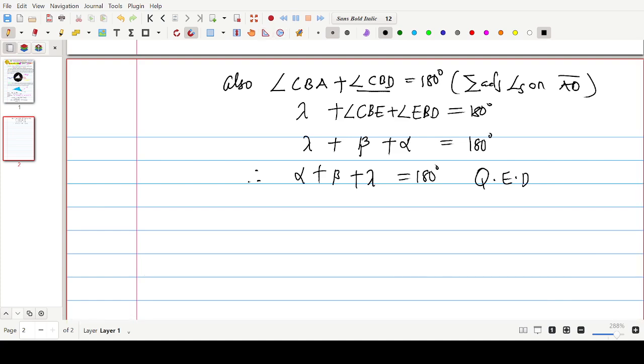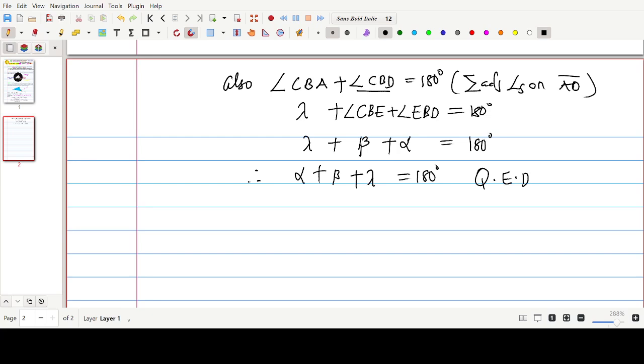So for that, I will do typing. Let me type now so that the work will be neat. Okay. So this is theorem 2 now. Theorem 2, right?